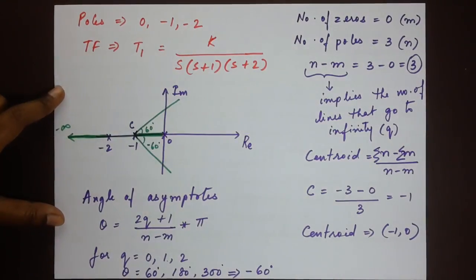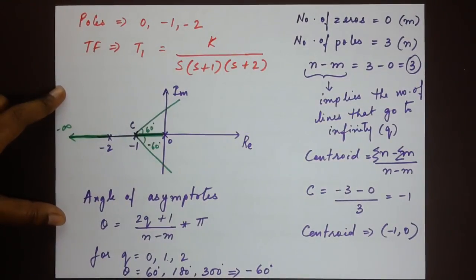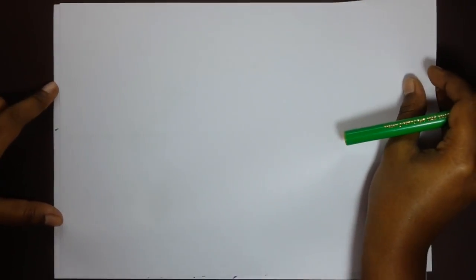Now let's look at the second case. The question says that -3 is introduced as a 0 to the transfer function. So we'll note down the transfer function now.